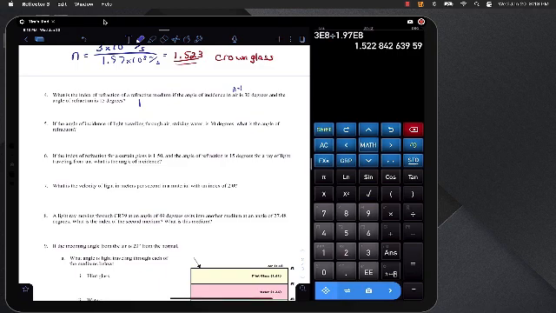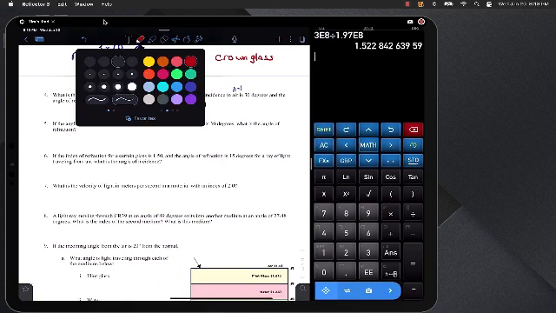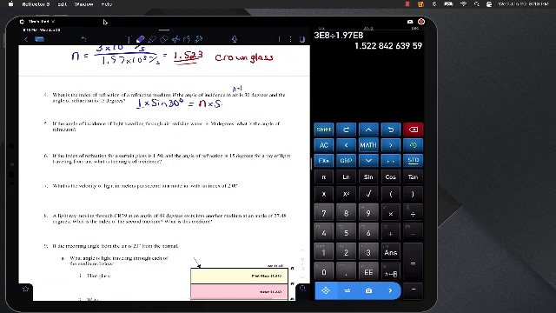Snell's law: 1, index of refraction of our first material, times sine 30, which is the angle of incidence in that material as it strikes the boundary, equals, we do not know the index of refraction for the second material, so I'm going to put n down for it, times sine, what I do know is that it's 15 degrees as it exits that boundary into that second medium.